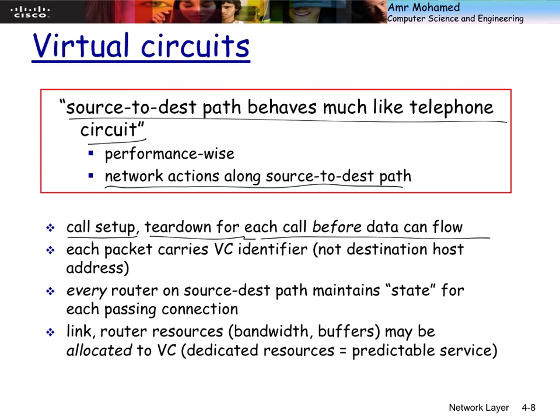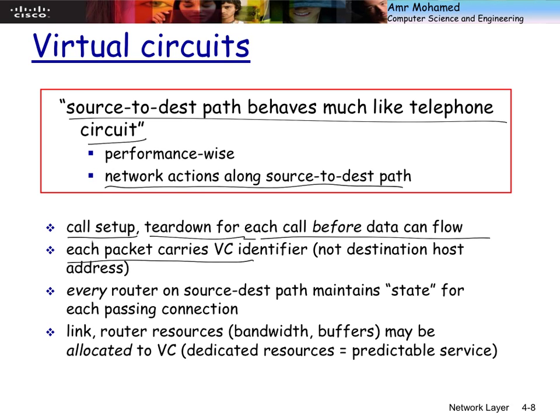So that's easy. Each packet carries a virtual circuit identifier. Remember, this is not a destination address. There is a whole difference between a destination address and a virtual circuit identifier. Virtual circuit identifies a specific host-to-host communication.